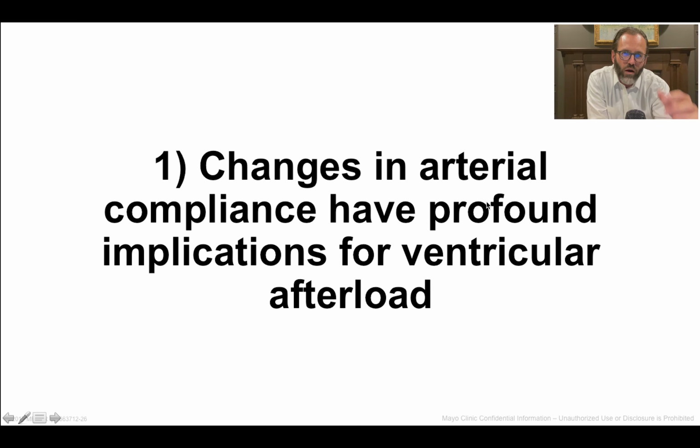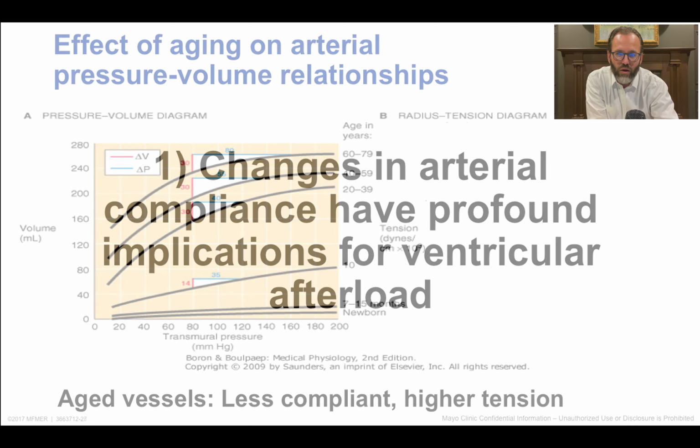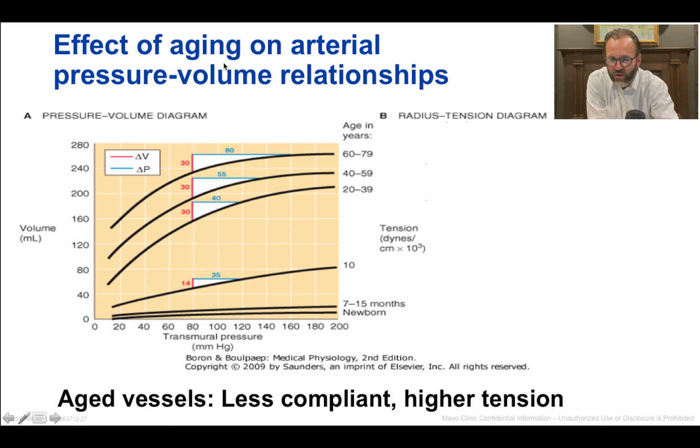And so one is that the changes in arterial compliance have profound implications for ventricular afterload. So if we look at the effect of aging, for example, on the pressure-volume relationships in the blood vessels, you can see here that we've got transmural pressure on the x-axis, volume on the y-axis.